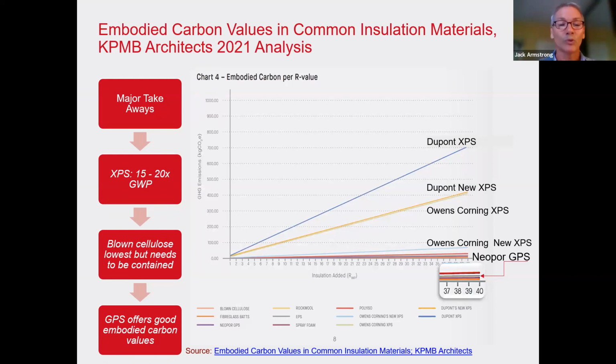It comes from renewable sources like trees and things. And then right along in there with the pack, so to speak, is the graphite polystyrene insulation with a low embodied energy value as well.